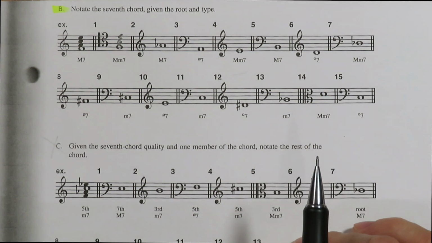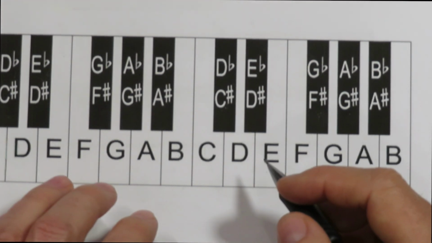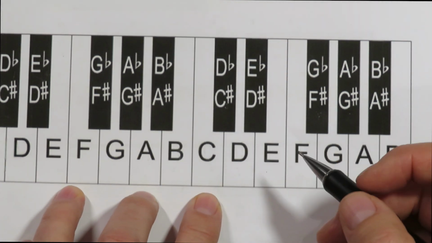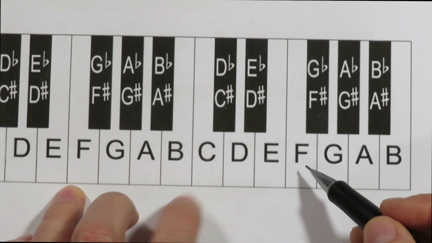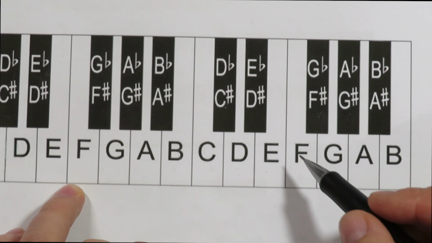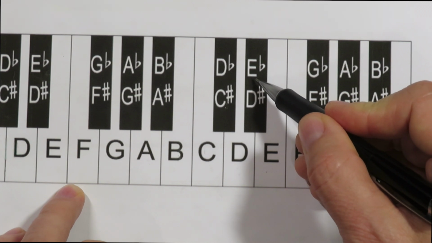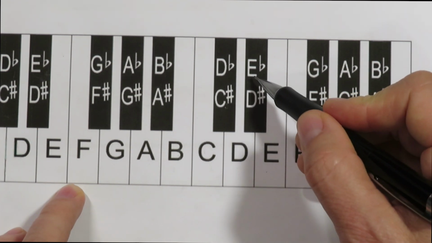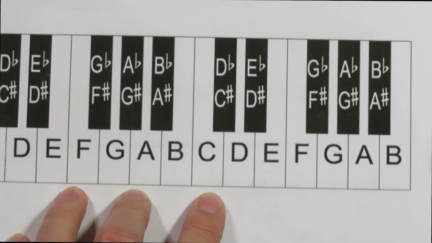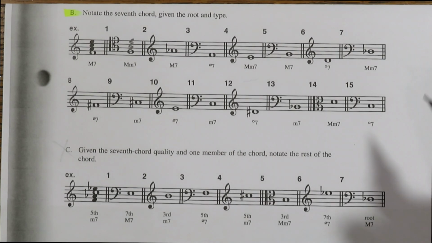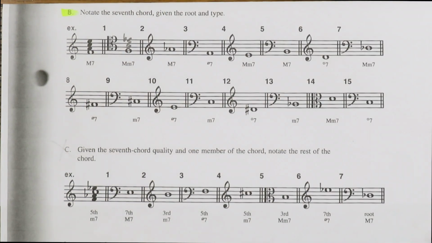Okay, so F, A, C. Now a minor 7th away from F. Here's your major 7th to E, and the E flat would be the minor 7th, the whole step away from F. So we have a major triad and a minor 7th. Okay, and that's what we want, a major minor 7th.